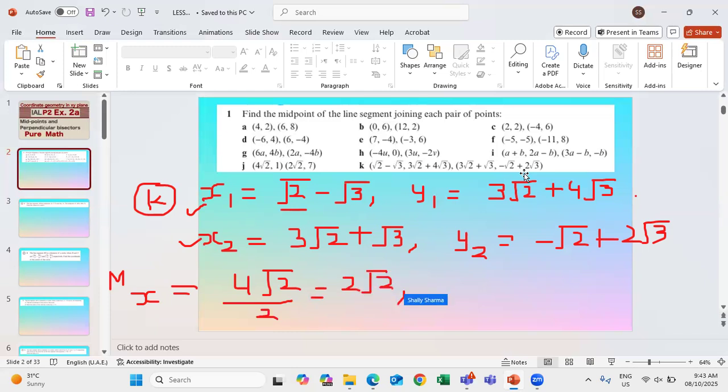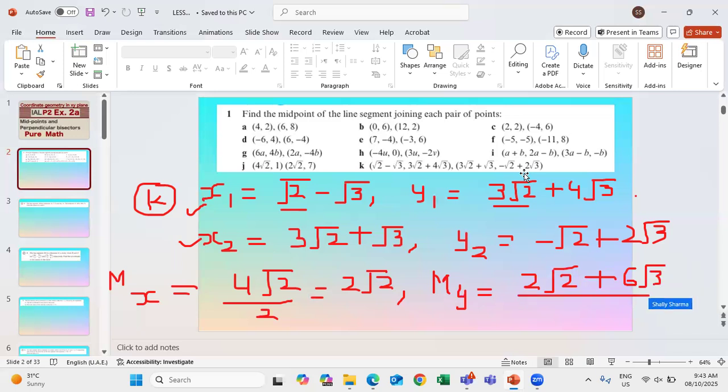Then I have to find the midpoint's y value. 3 root 2 minus root 2 is equal to 2 root 2, and 4 root 3 plus 2 root 3 is 6 root 3, divided by 2. In the numerator, 2 and 6, I can take 2 common, so it will be root 2 plus 3 root 3.